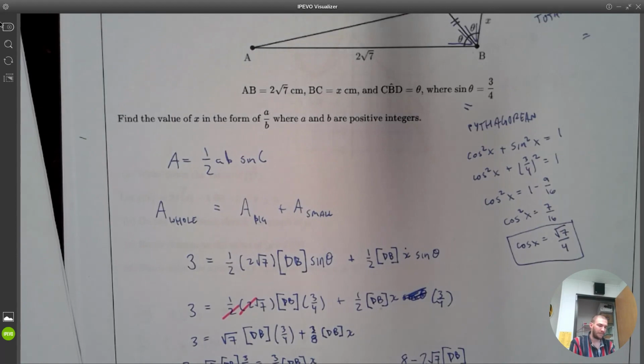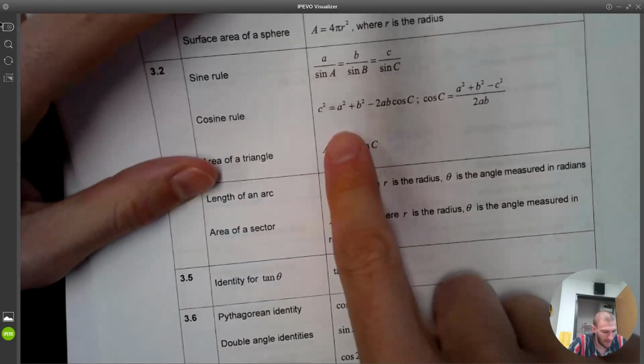I have a feeling that I'm getting a mark from that. And I have a feeling that that square root of 7 is meant to work with our other square root of 7, so that they will cross out. But as far as things that have cosine in them, I have this cosine rule.